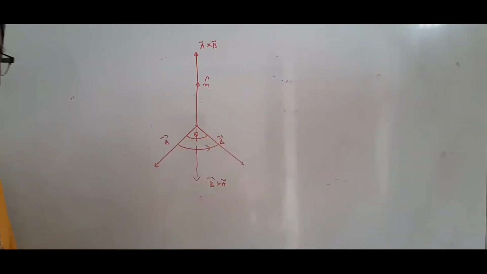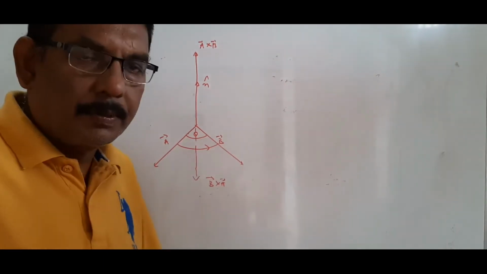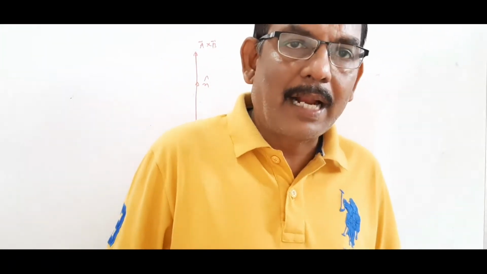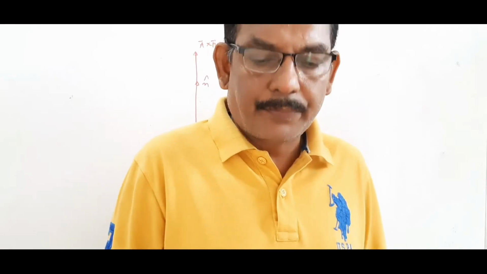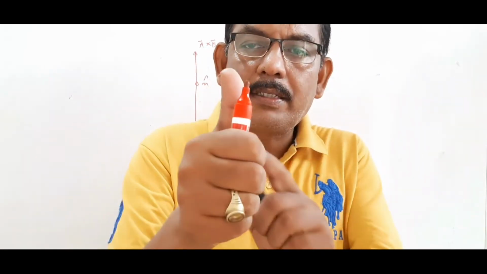Now, by using a diagram, you have to show the direction of A cross B. The direction of A cross B is determined by the right hand thumb rule and the right handed screw rule. So what is the right hand thumb rule? It is your curl fingers, it is your thumb.